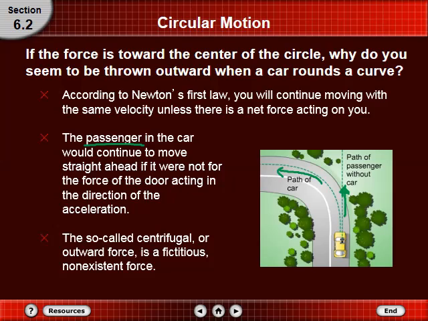Remember, the centripetal force is acting on the tyres, in this case it's friction. So it's the force of the door that actually keeps you in, because there's no force on you, the force is between the tyres and the road. So you feel like you've been flung out of the car almost, but the door keeps you there.